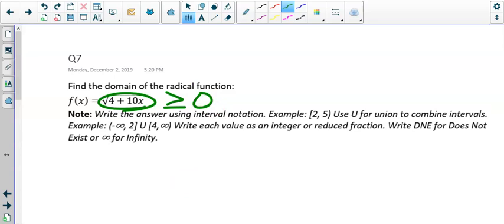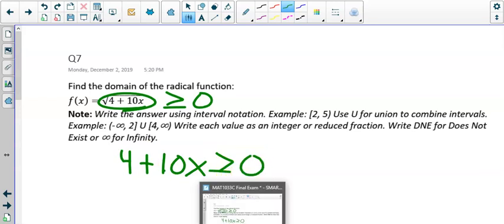Now, once I solve this, will I like these answers? Yes. These are going to be the ones that we do like. Because as long as we're 0 and above under here, we can take the square root of it. So, take the 4 plus 10x greater than or equal to 0.